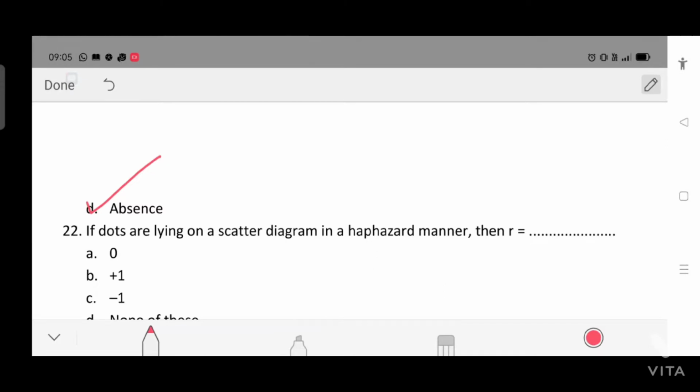If dots are lying on a scatter diagram in a haphazard manner, then R equals dash. A, B, C, D. So A. Answer 0.